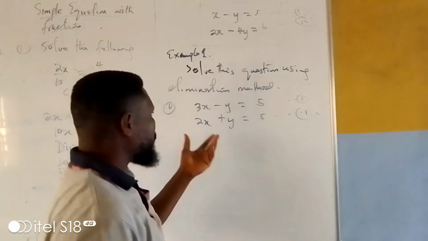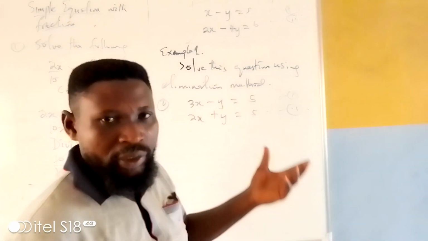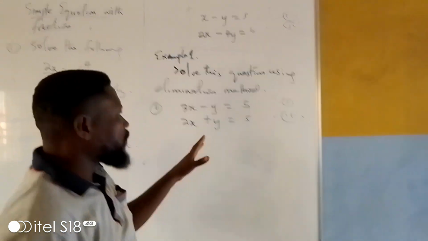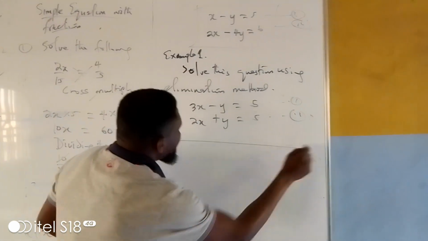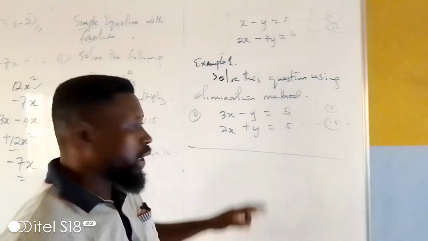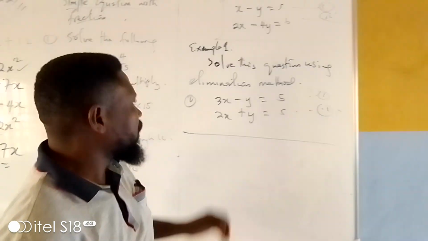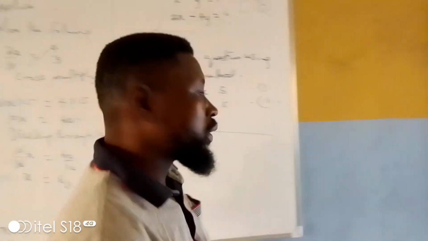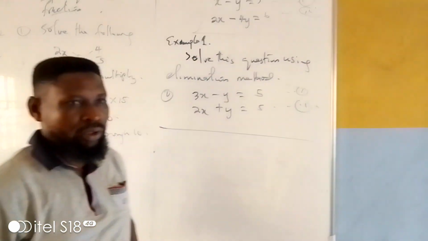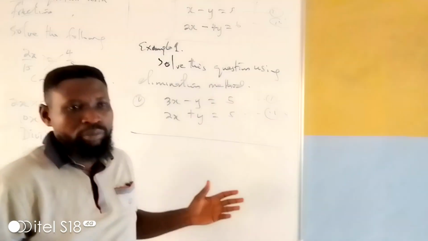Of course, there are two variables here, x and y. So you look at the variable that you can easily eliminate here. Looking at this expression, you will find out that it is easier to eliminate the y variable than the x variable.